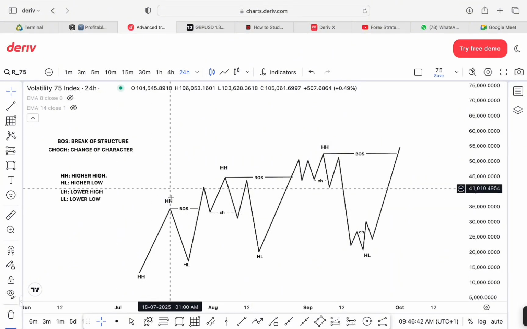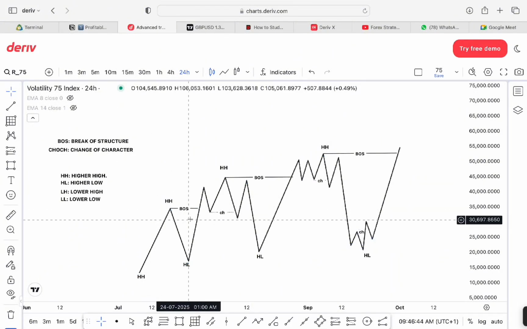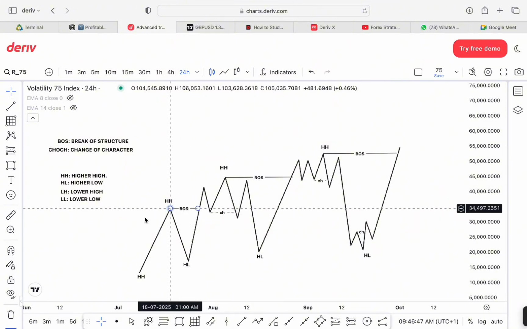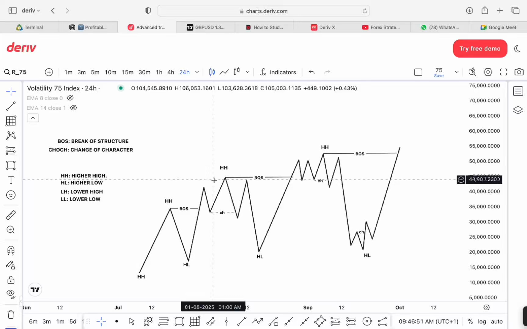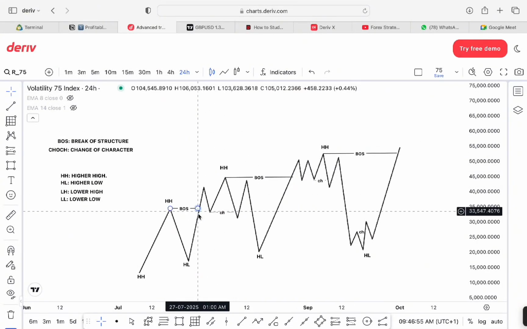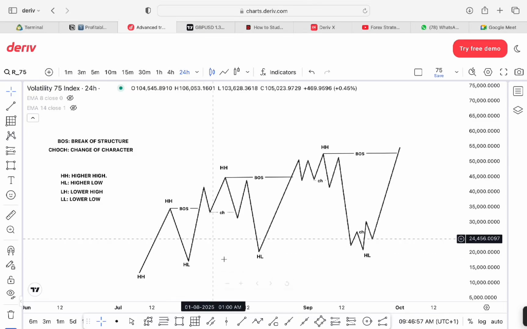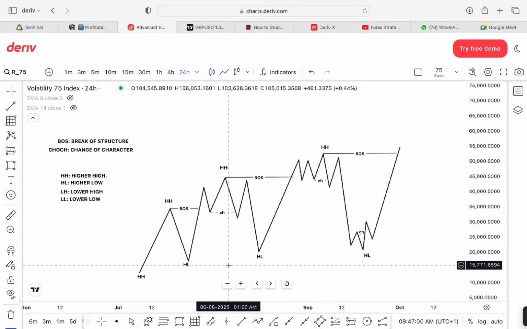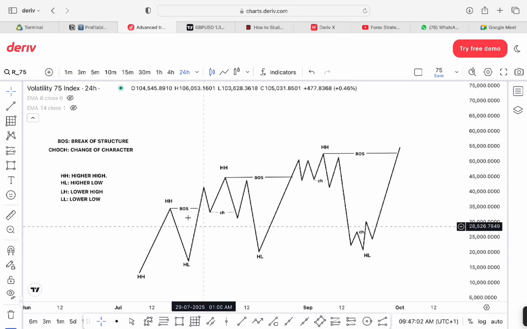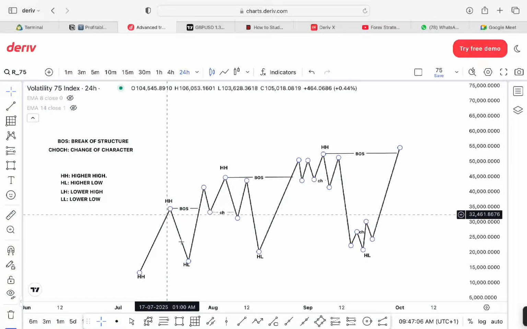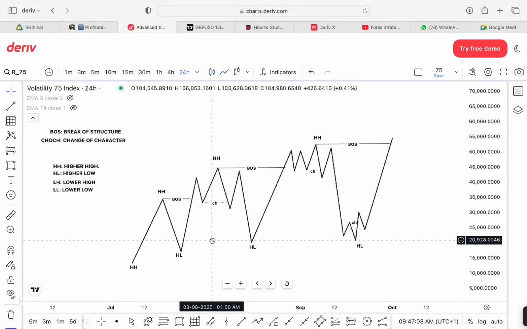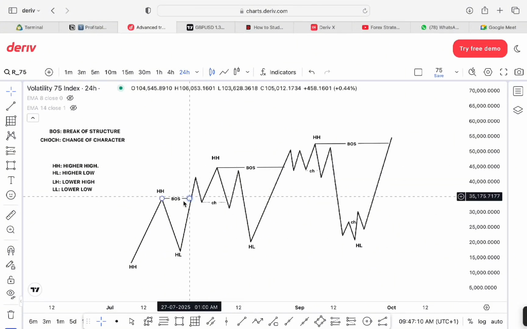For example, if price is coming and we have this BOS that was identified, if price breaks it, we know that yes, price is still going up. But if it doesn't break it, we know that price is likely coming back down. So always mark out your highs and always mark out your lows. It will help you time when there is a break of structure.